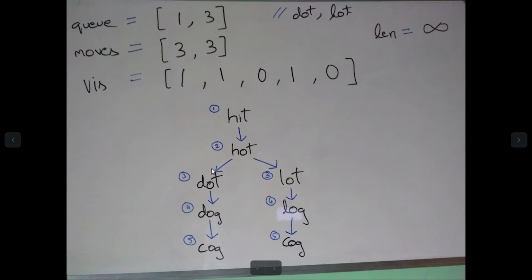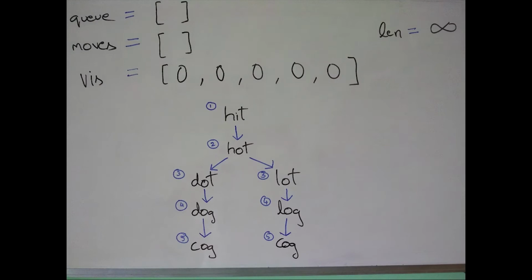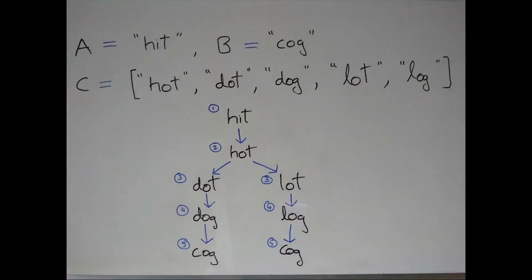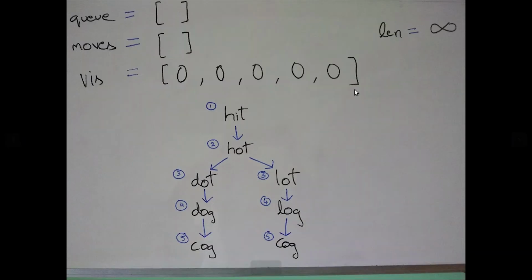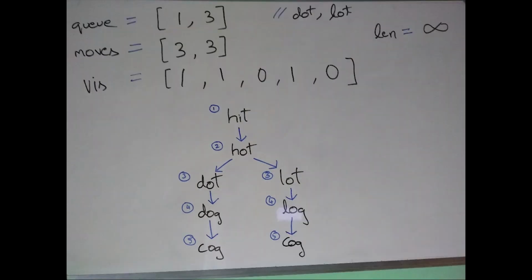You can see that dot is at the first index, and lot is at the third index, so we put in 1 and 3 into the queue. Then we insert the moves as 3, because 3 is the number of strings present in the path from hit to dot so far, or hit to lot so far. Then we mark dot and lot as visited, but len remains the same as we've not reached the last element.